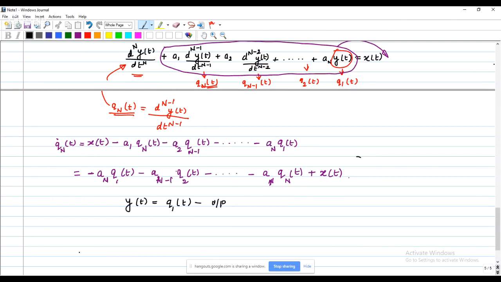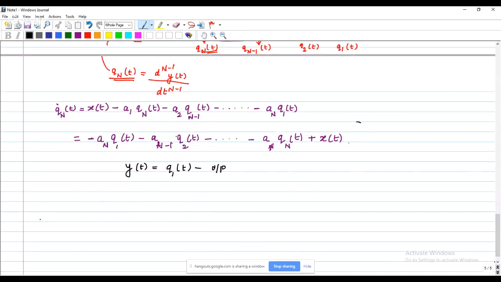Now let us summarize them and write in terms of matrix. That will be the last part that we can achieve. So I'll write the equations again so that every equation will be in front of you. We are writing q1 dot t, which is equal to q2 t, comma, we have q2 dot t, which is equal to q3 t, and so on and so forth.